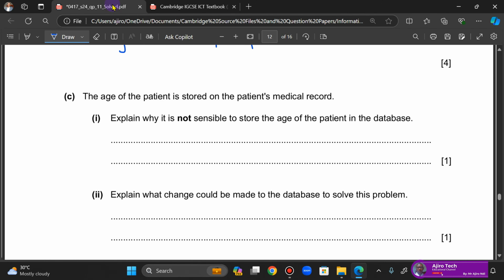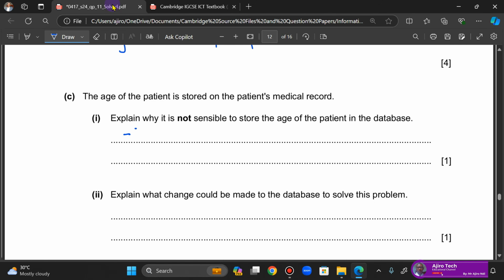If my age is 62, yes, I'm 62 years old. What happens next year when I'm 63? See that?